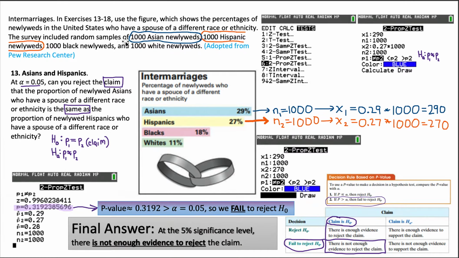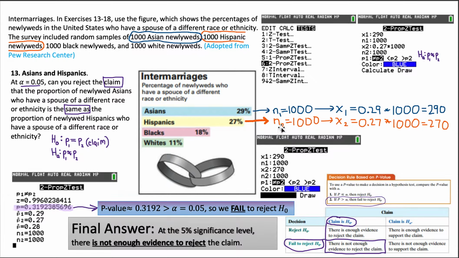Okay, and our x value, the part of the whole population that we're referring to, is 29%. So 29% as a decimal is 0.29 times our sample size, which is 1,000, tells us that our x sub 1, which is the x from our first population, is 290.